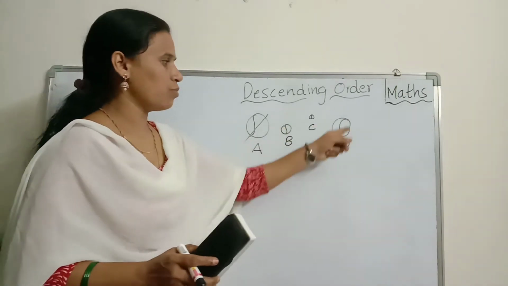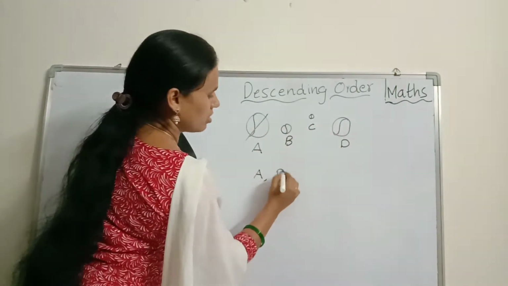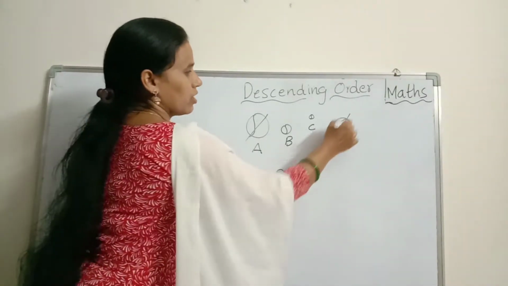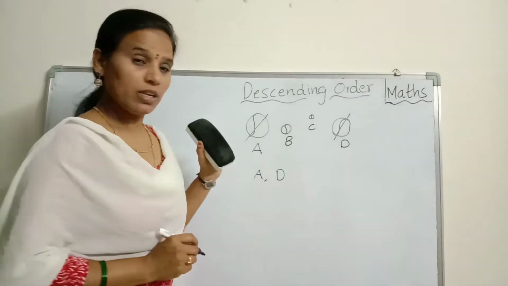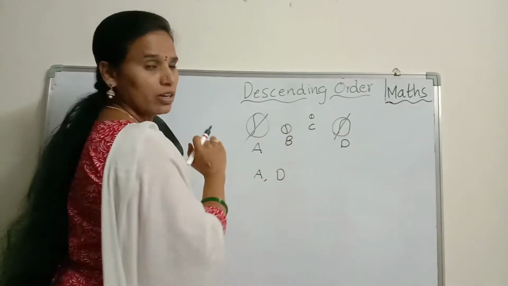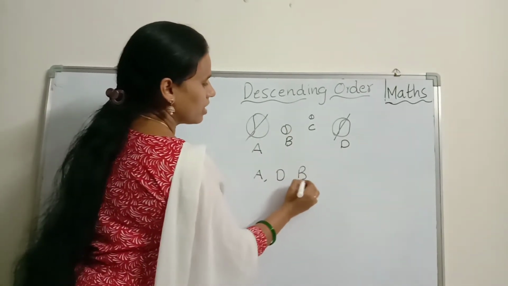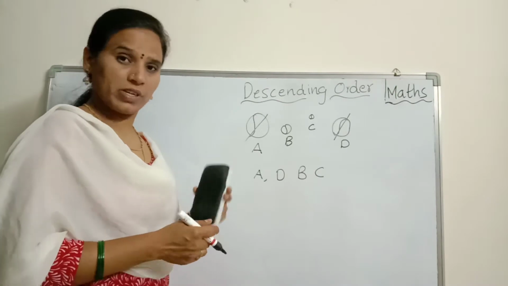Compare these 3 balls. Which is the biggest ball? D. Okay, it's over. Now compare B and C. Which is the biggest ball? Only these 2 balls with comparison. Because these are over. So B. Last C. Okay children, do you understand?